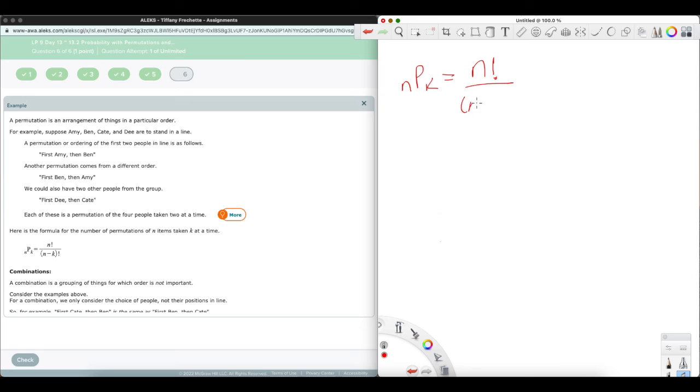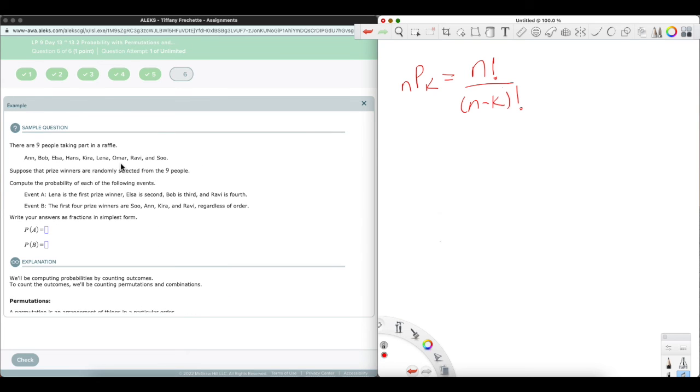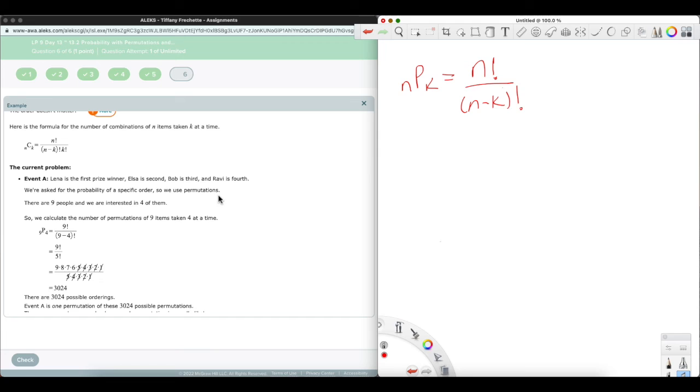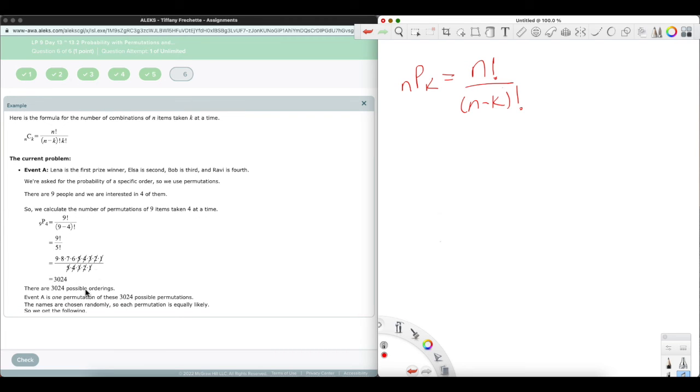So this is the total number, and then this is taken how many at a time. So that matters when they're telling us, there's this many people, 9 people, and they're going to be selected 4 at a time. So that does matter. They're giving us some information here. So we can actually plug it into the formula and say there's 9 people, and we're going to take only 4 of them. And we can go through and we can cancel out or use our factorial on the calculator.